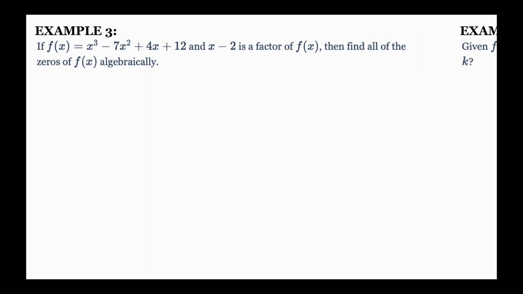Find the zeros, right? Find all of the zeros. We're going to use division to do that. Okay? So what number is going to go inside the house? Positive 2. Good.